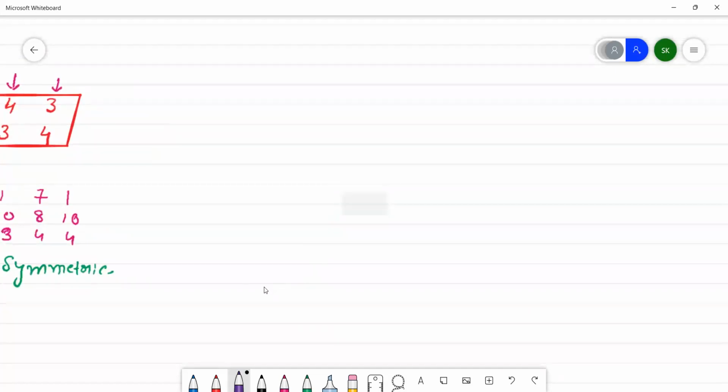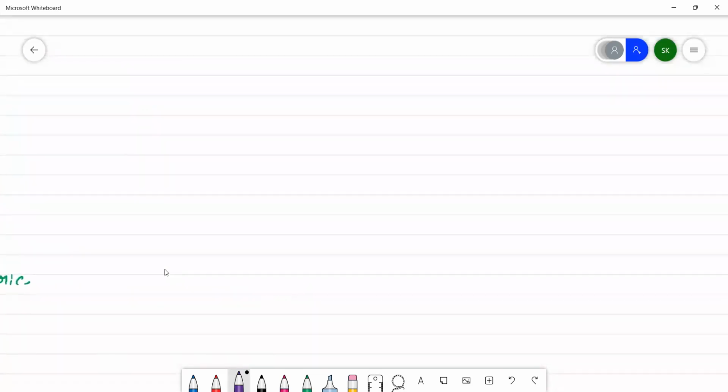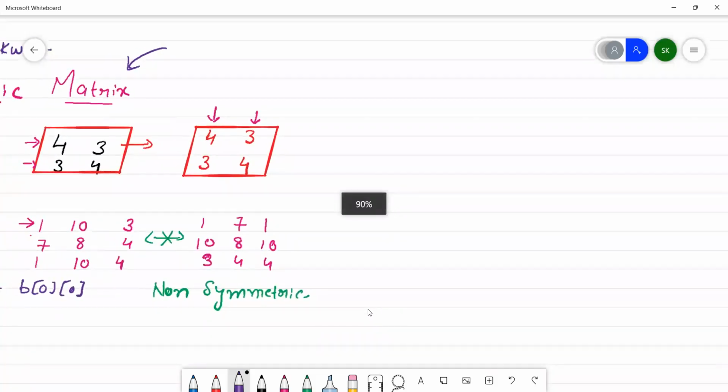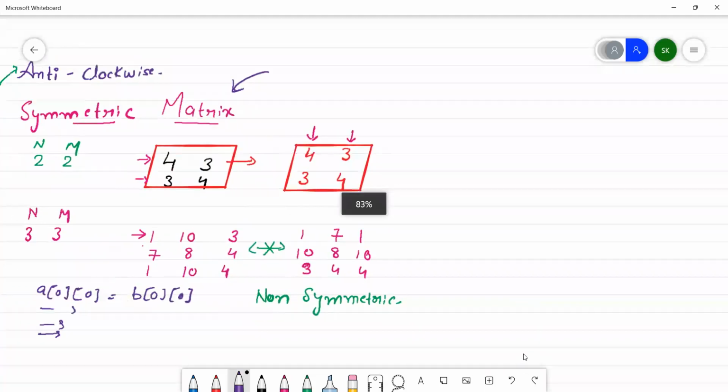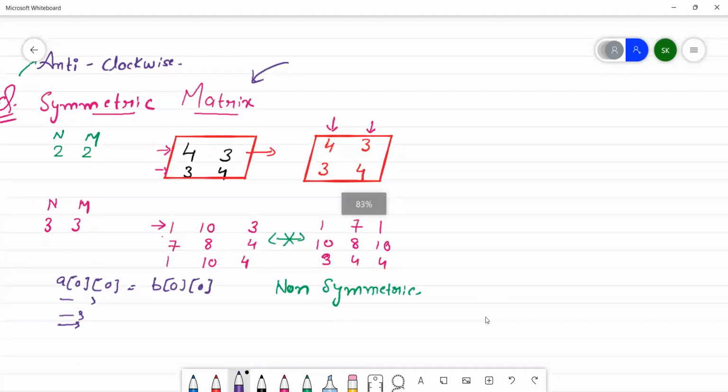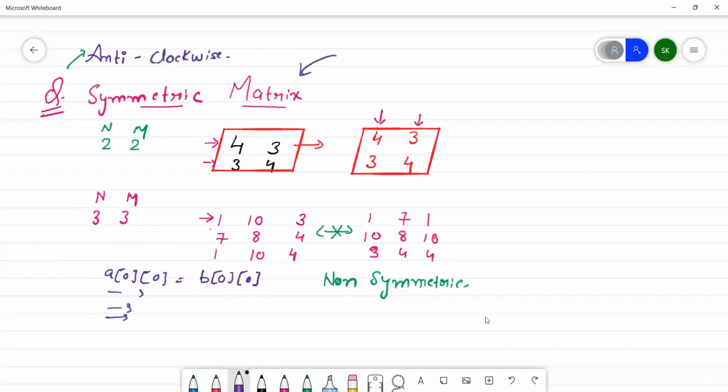What once again, Vishnu? I was taking down what you're writing. In symmetry, just compare the ij element with the other element. No, you need to find the transpose.